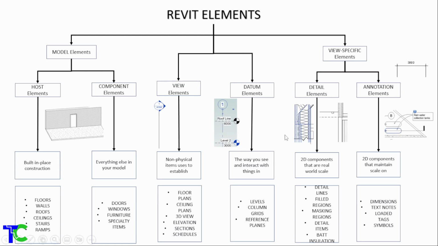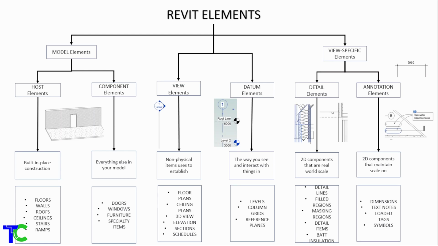Remember that if you change a model element, it will change in all other views, while annotation elements can only belong to one view. If you change an annotation element in one view, it will not change in another view.